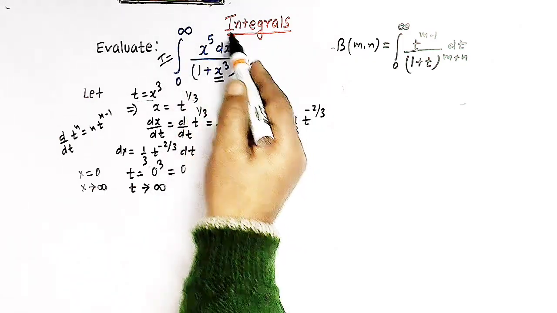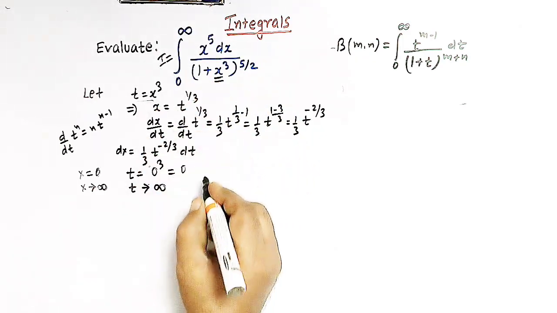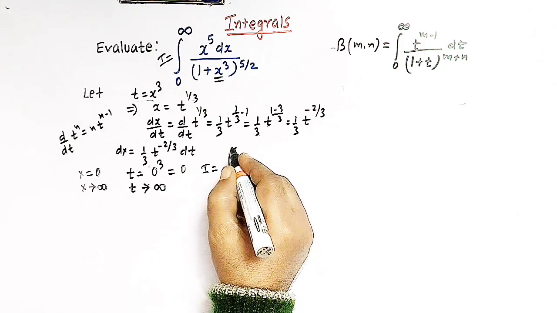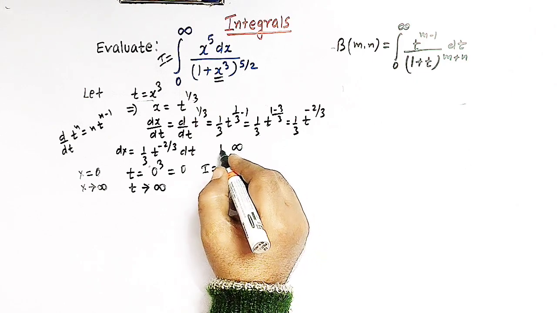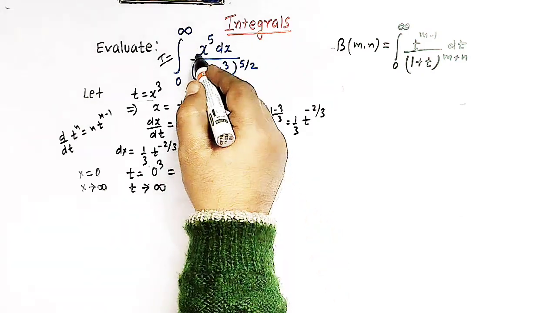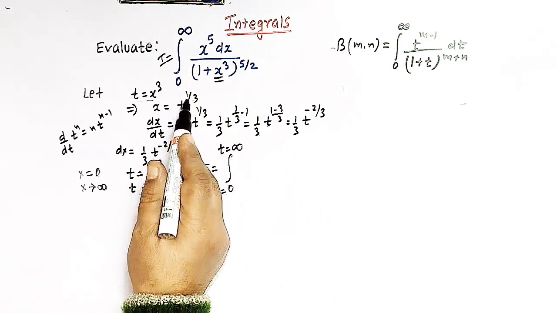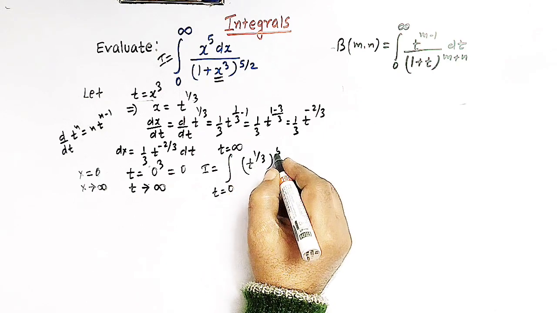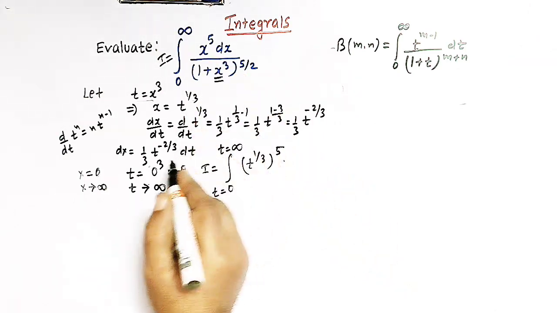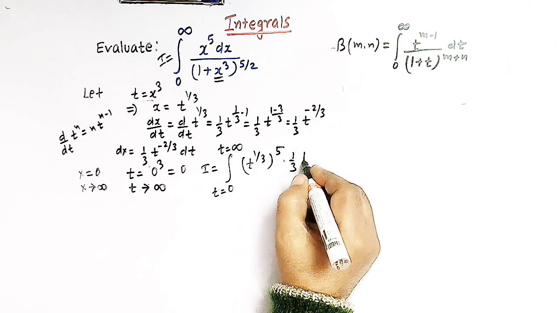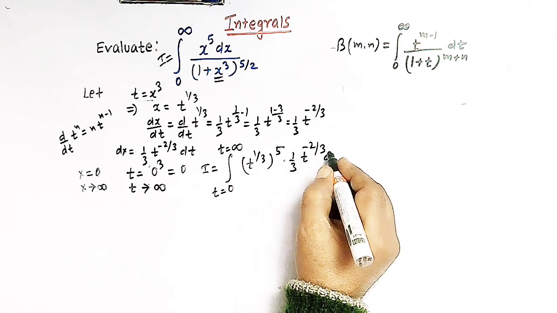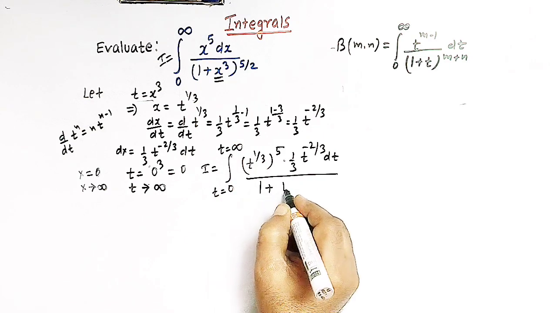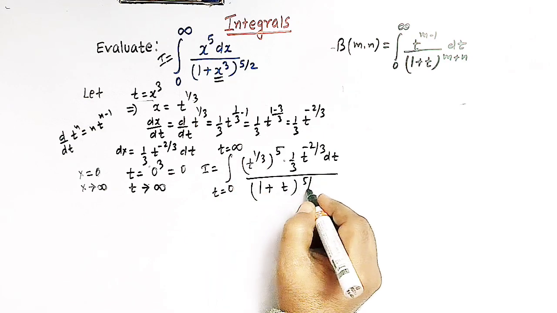So now let us write this integral I in terms of t. We can now write 0 to infinity, and then we have x raised to 5, where x is t raised to 1 over 3, so we have t raised to 1 over 3, all raised to 5. For dx, we can now write 1 over 3 t raised to minus 2 over 3 dt, and in the denominator we can write (1 plus t) raised to 5 over 2.